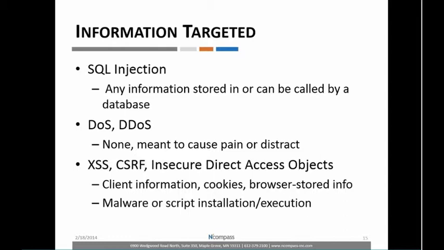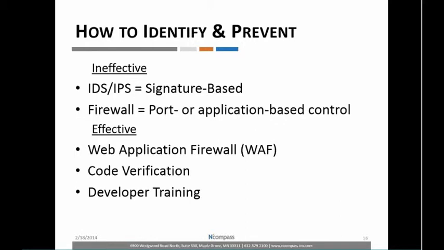So you run cross-site scripting to develop your botnet, use denial of service to cause pain on the front end, and then you can do SQL injection or whatever else on the back end to grab that information. It's one part of a whole big environment.